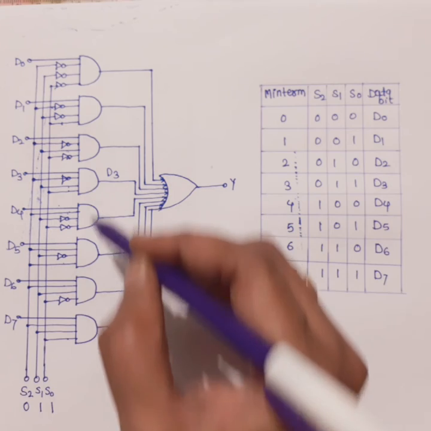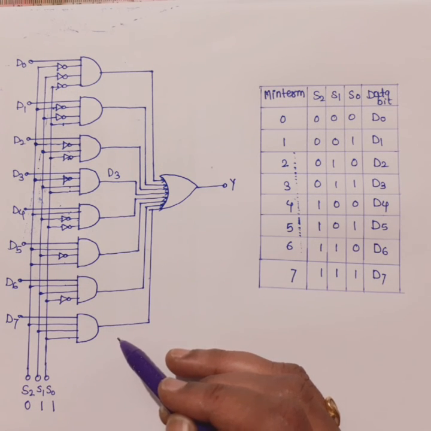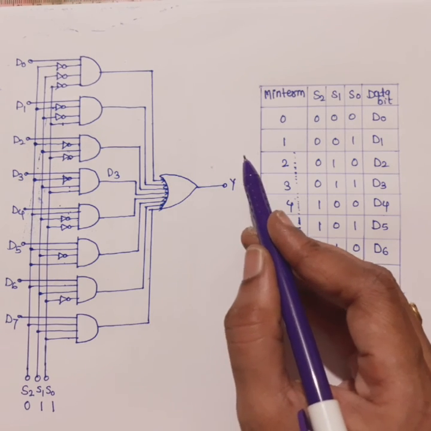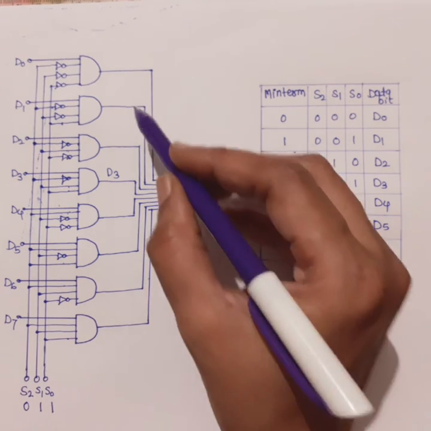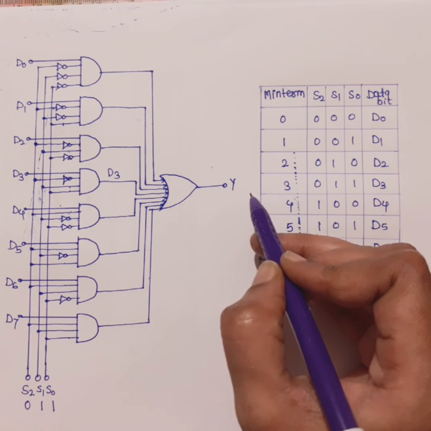By that time, all other AND gates are going to produce output 0. As we know the OR law, A plus 0 is equal to A, D0 plus 0, the output will become D0.